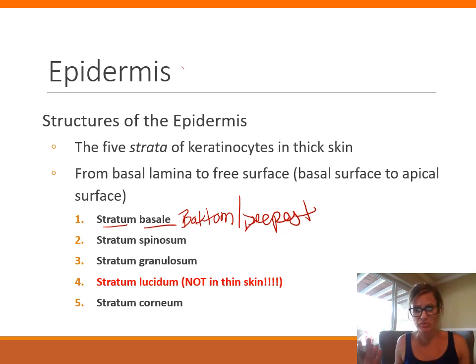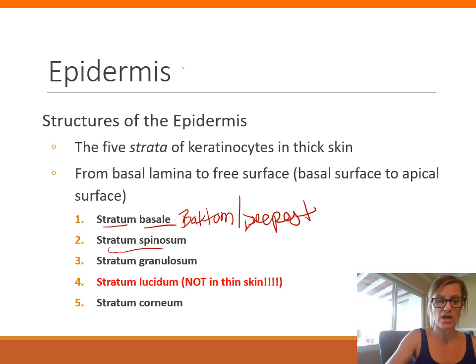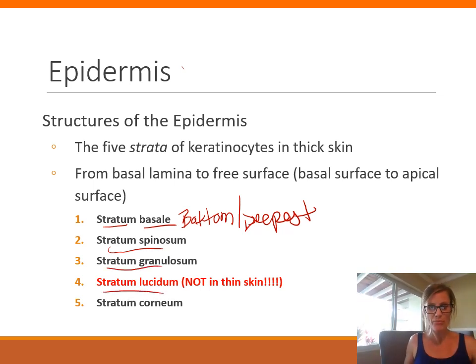And the rest of this should be really familiar from lab, right? We have the stratum basale, and then just above that, the stratum spinosum. Above that is the stratum granulosum. Then the stratum lucidum, which is an area of really, really dense proteins.